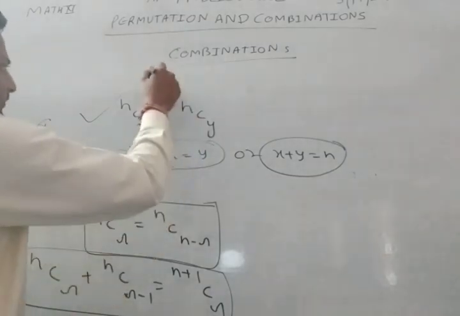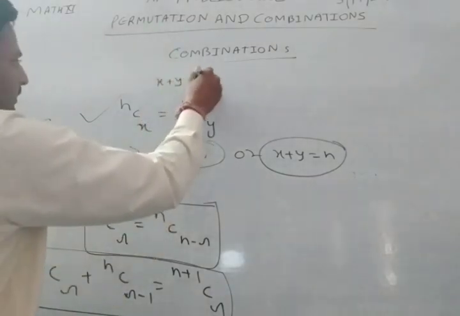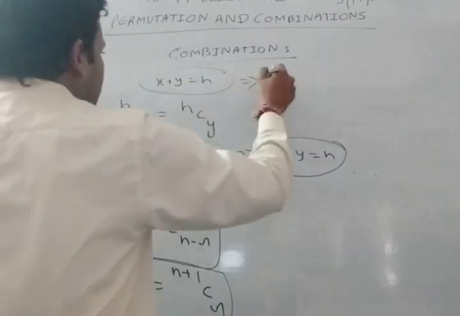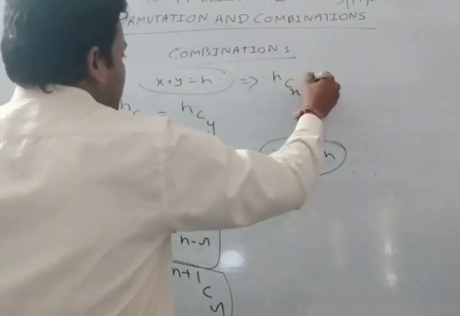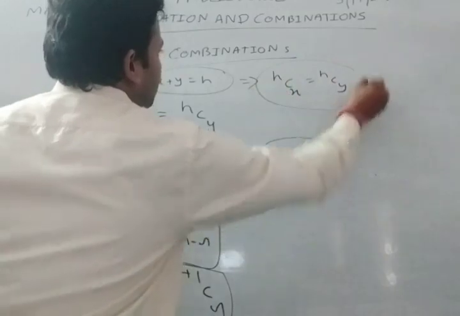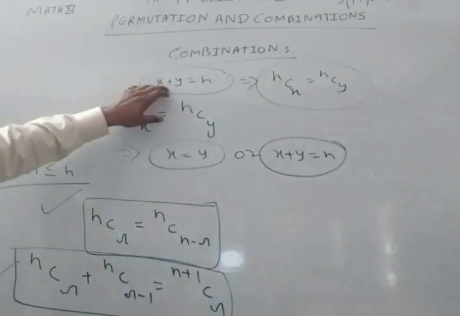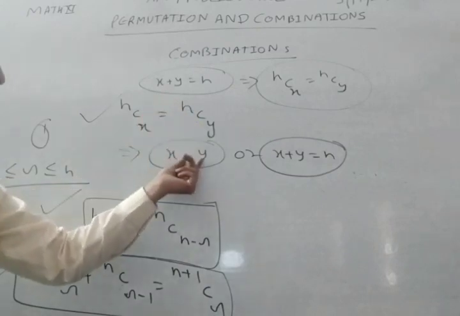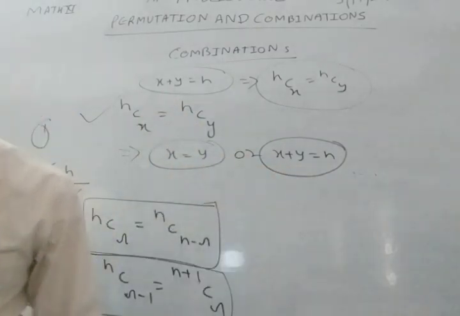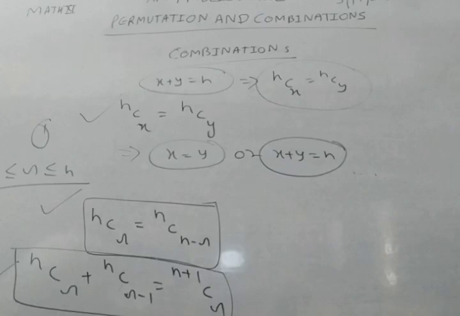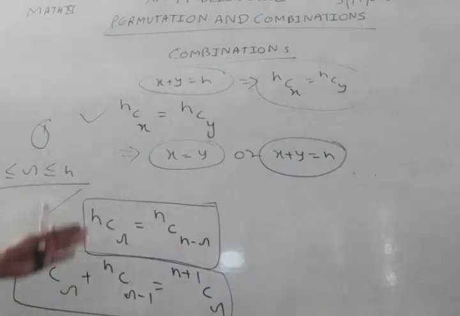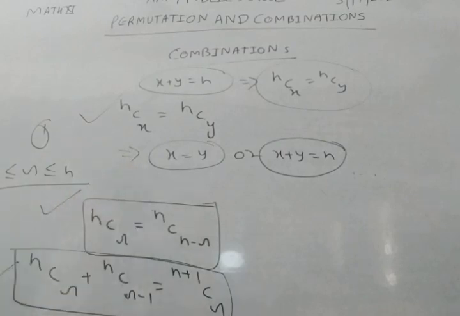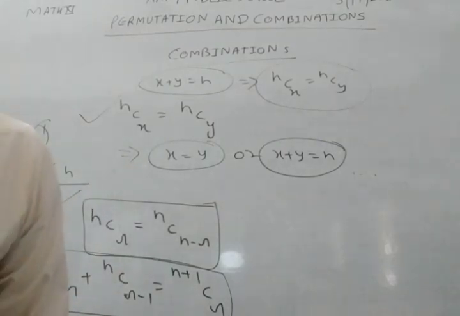In this case, if we are given x plus y is equal to n, then this implies nCx is equal to nCy also. If we are given this, we write this, and if we are given this, we can write this or this. So these are some important properties used in solving questions based on combination. Let's now see some questions after the exercise.